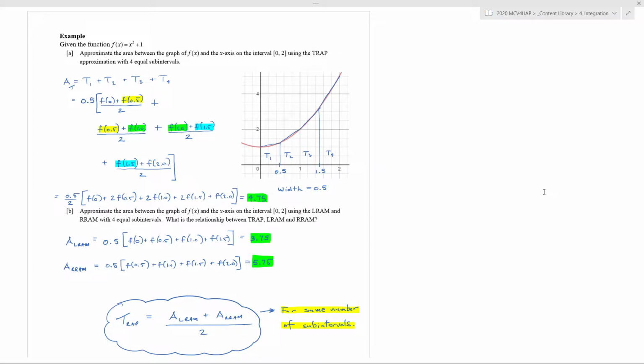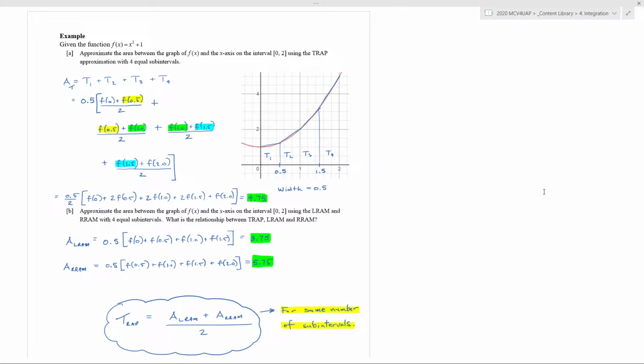Now I've highlighted the fact that f at 0.5 shows up twice, f at 1.0 shows up twice, f at 1.5 shows up twice in our expression for the area. But the first and last values, f at 0 and f at 2.0, do not show up twice. So we can write that expression in a condensed version. First of all, I can take the 1/2 that's common to each one of the 4 terms in the brackets.